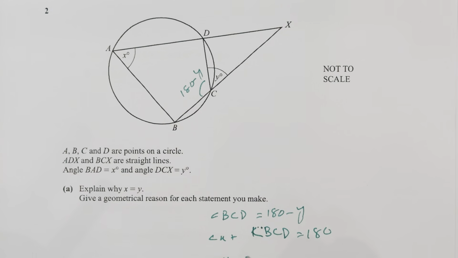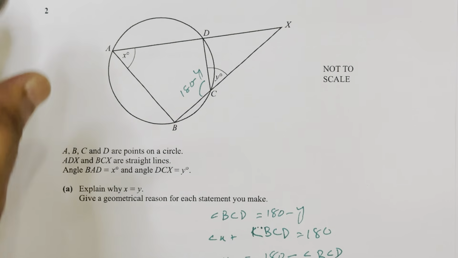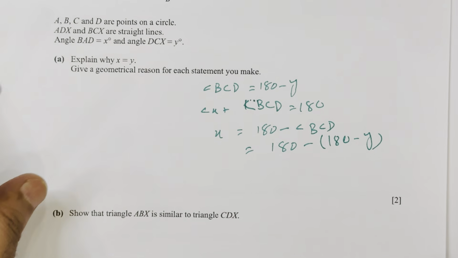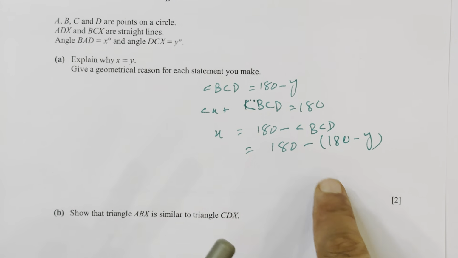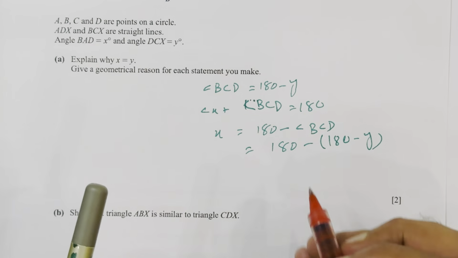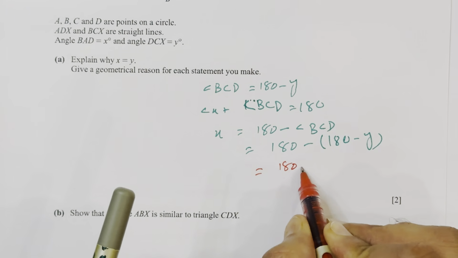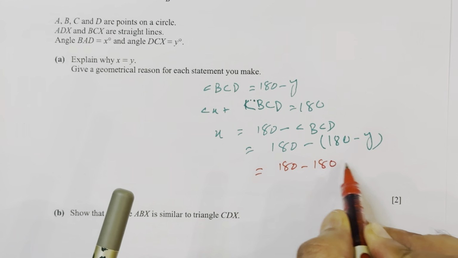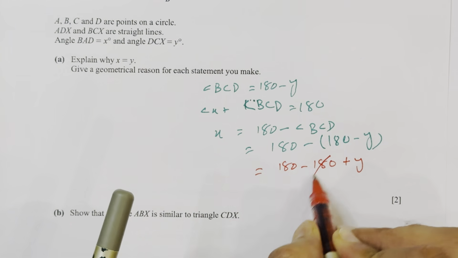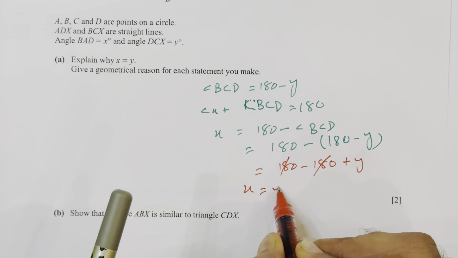Or you can simply find the value of x like 180 minus angle BCD, and angle BCD has a value of 180 minus y. Okay, now you can see we have just substituted the value of BCD which we mentioned in the start. After solving, 180 minus 180 plus y, we cancel it, and x is equal to y.